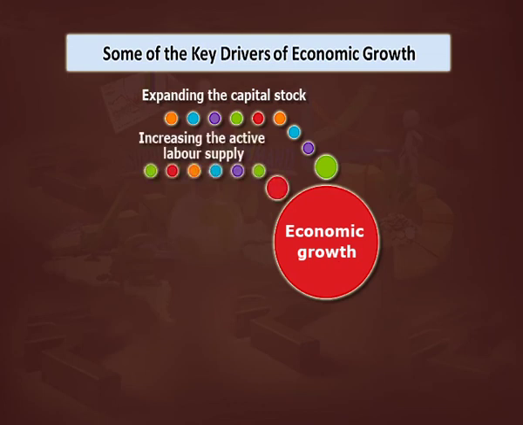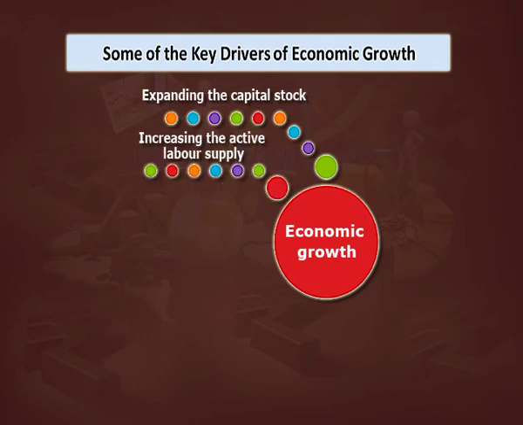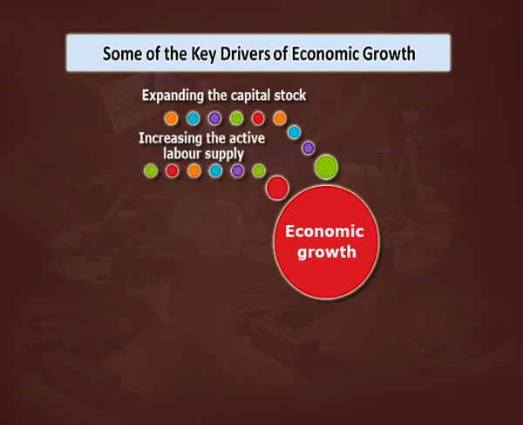Second, labor force. With the improvement in education level, there is growth in the size of the active labor force available for production. The growth in the quality of labor can also be attributed to skills. If the available human resources are educated with the required skills, the quality of labor increases.